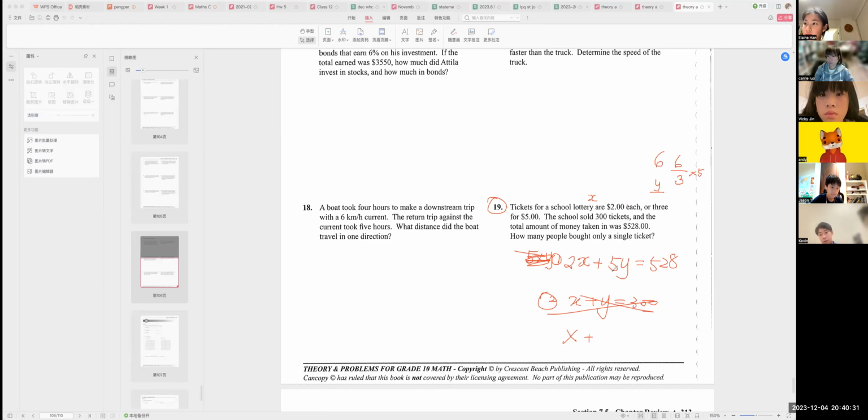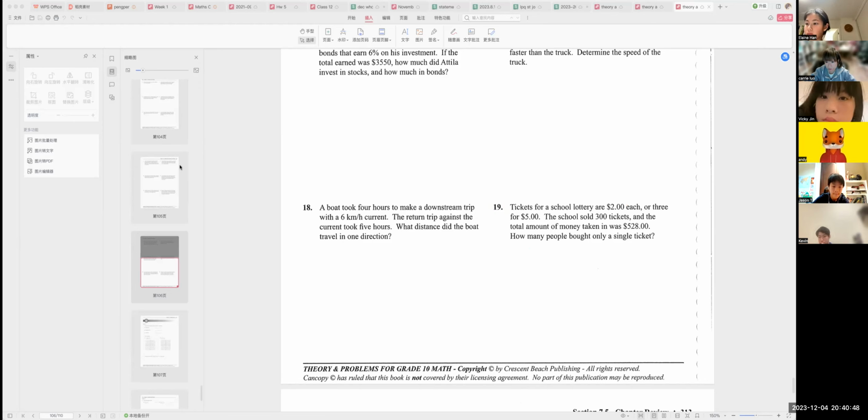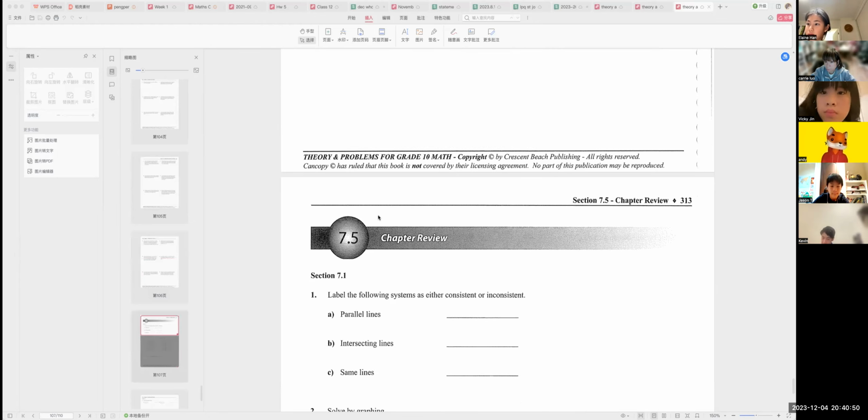So you can either use 5 times Y over 3, or X plus 3Y equals 300. It's up to you. You have 2 options, but the thing is, this Y represents 2 different things. Understood, everybody?